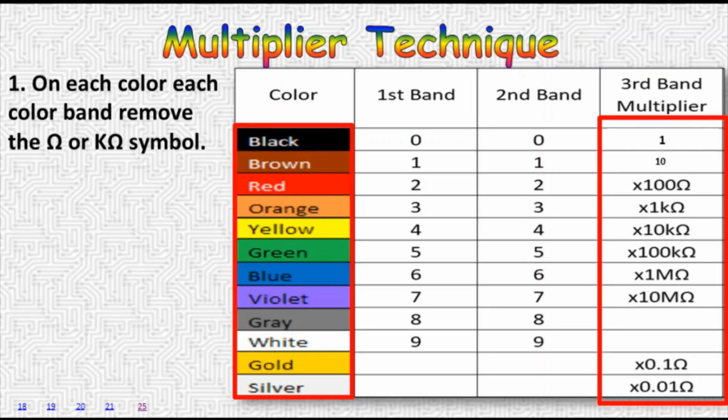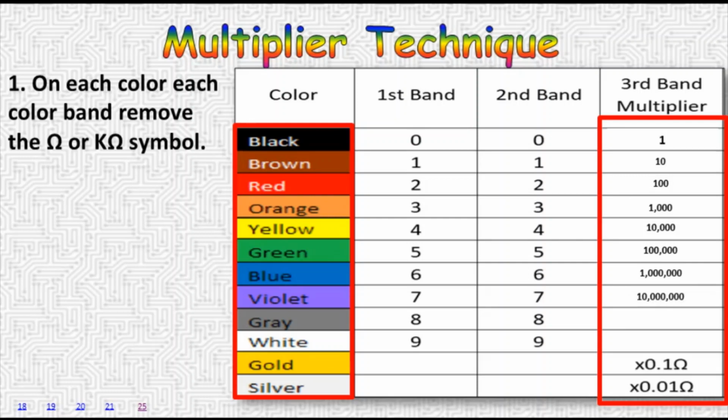So red na times 100 magiging 100 lang. Orange magiging 1,000 kasi kilo ohms na yan. Yellow ay magiging 10,000. Green magiging 100,000. Blue is 1 million. Violet is 10 million. Okay, so dun lang, no?